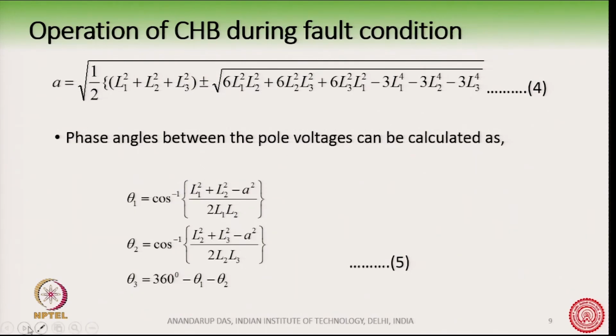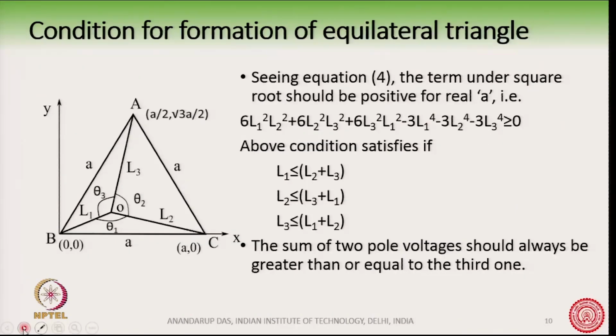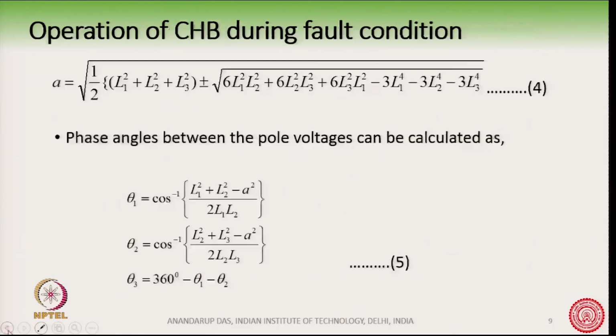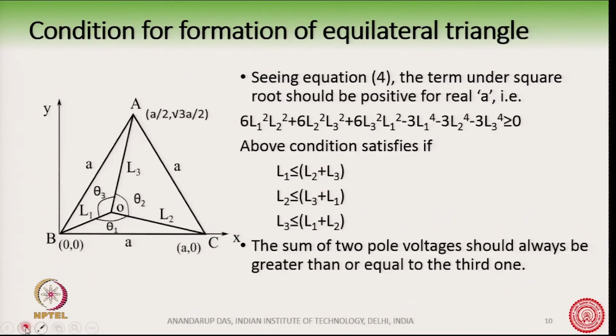Now, if we observe this equation carefully, we must understand that the term within the square root must be greater than or equal to 0. That is what we have written here.